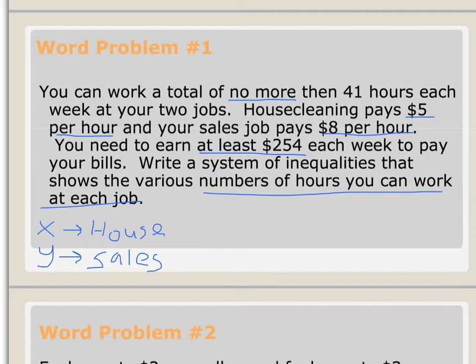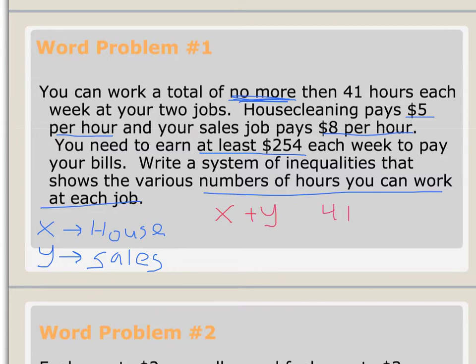And so we're actually going to start back up on that first sentence where it says you can work a total of no more than 41 hours. Well, that's a total. Total means add. So we're going to add our X and our Y together. And we know 41 is going to be on this other side here.